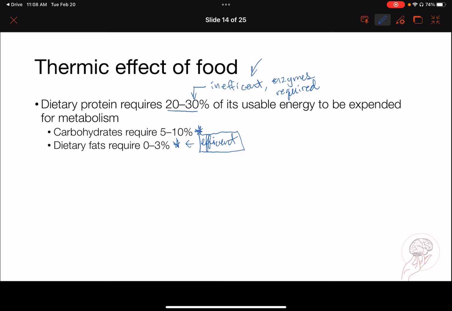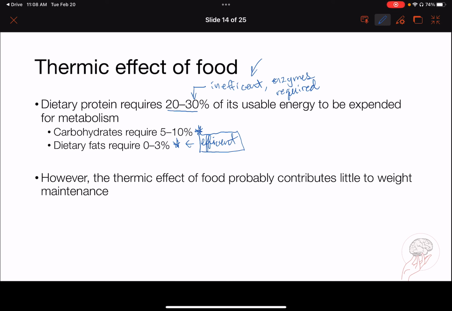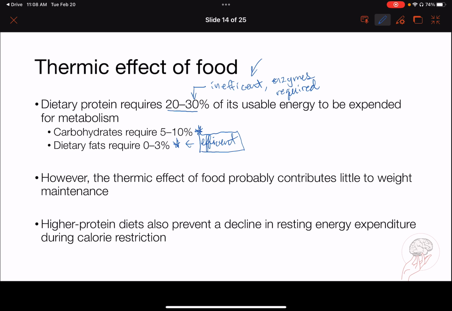Burning up the food that we're eating to metabolize the food is inefficient. But the thermic effect of food probably contributes very little to weight maintenance. Though we do know that higher protein diets prevent a decline in resting energy expenditure during calorie restriction. But part of this is probably from muscle sparing.